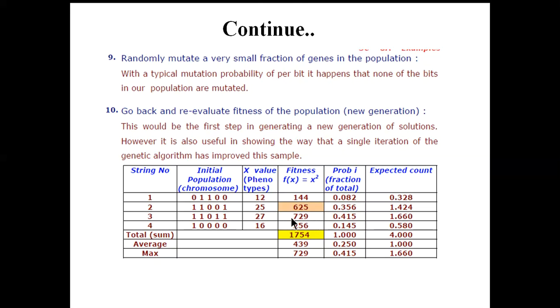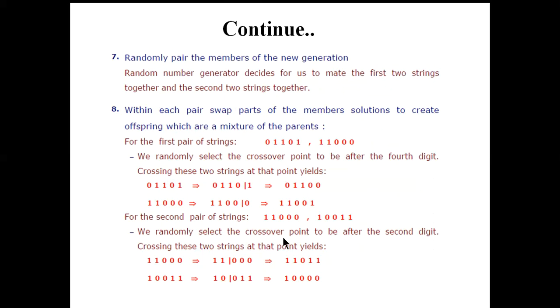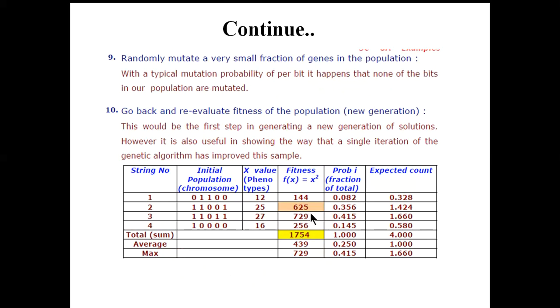In the earlier initial case, the maximum value is 576, whereas after the crossover and mutation, the maximum value of fx has become 729. That means gradually, after the first iteration, the population is going towards the optimal solution.